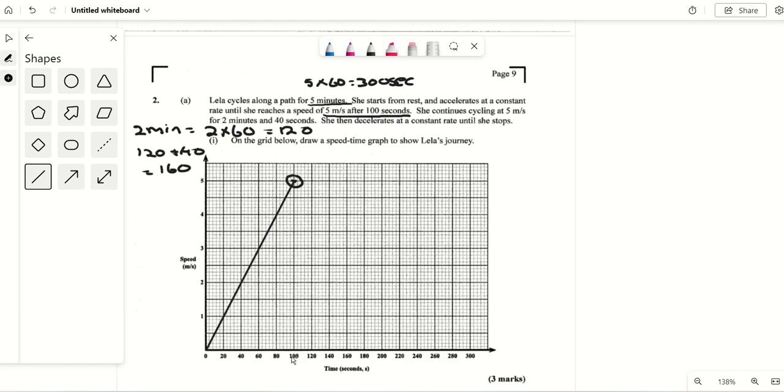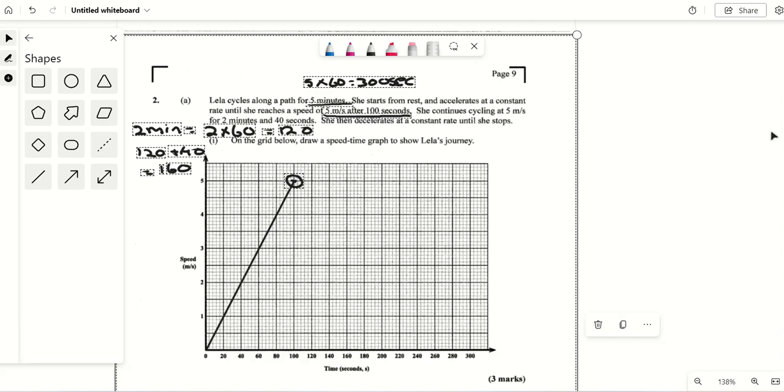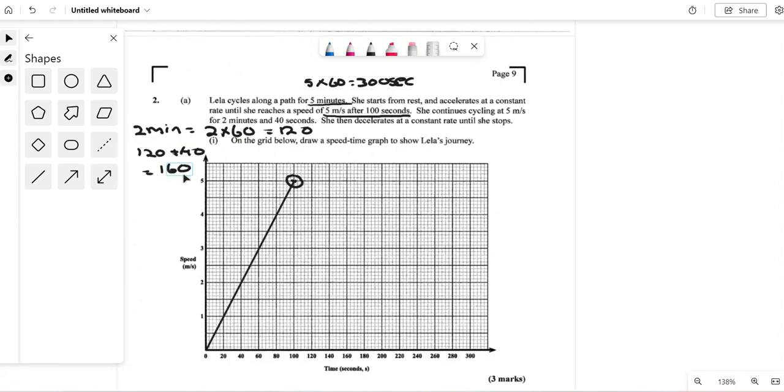So for 160 seconds, she's going at 5 meters per second. We know that it starts from 100, and we're going for 160. So she is cycling for 160 seconds at 5 meters per second. We already reached 100, so 100 plus 160 would be 260.